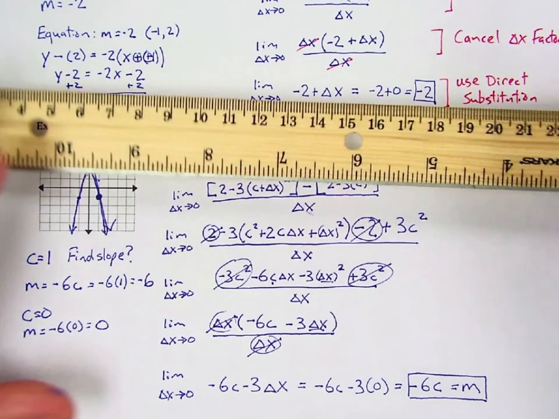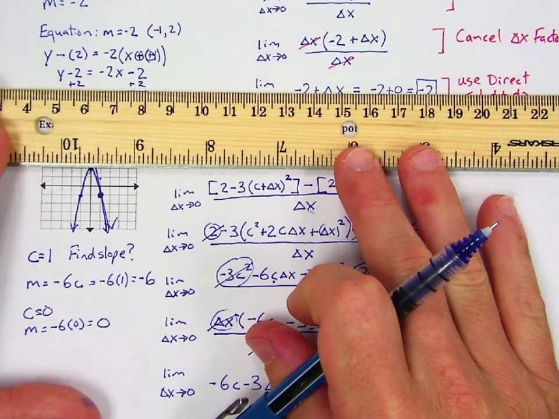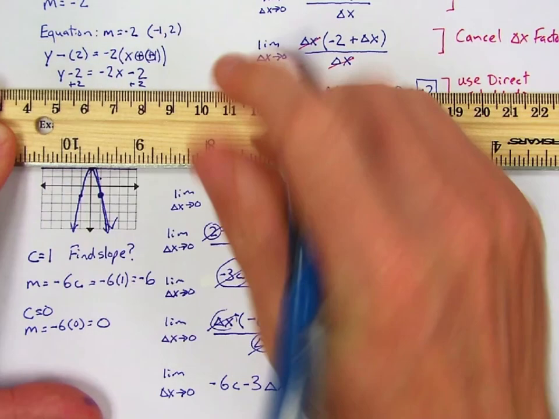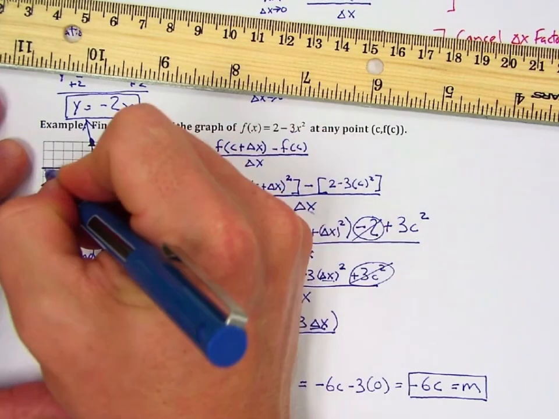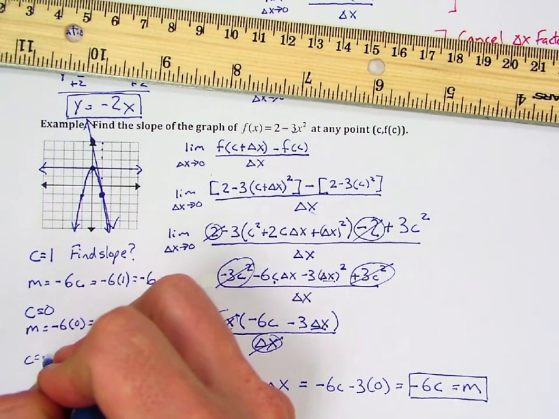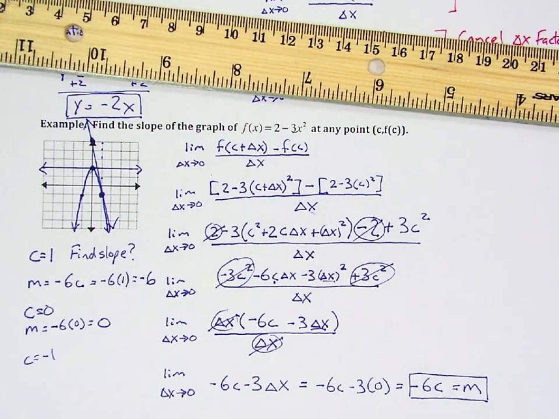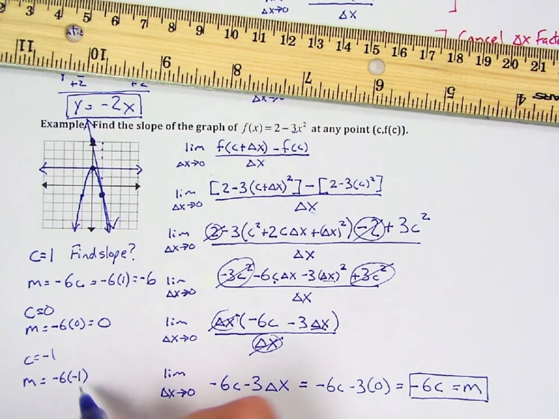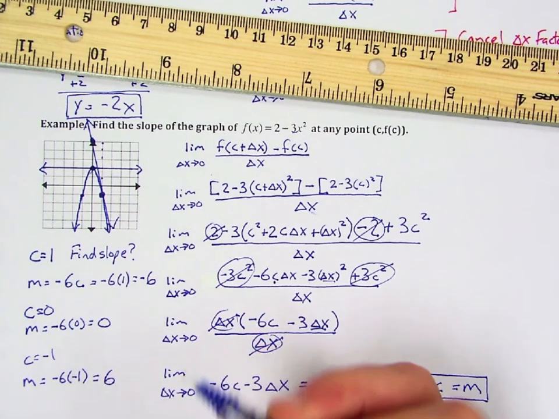So you can see that would be a horizontal line right here. So the slope of this tangent line at 0 would be 0. What if c equals negative 1? What would your slope be? Well, m equals negative 6 times negative 1, which would be positive 6.